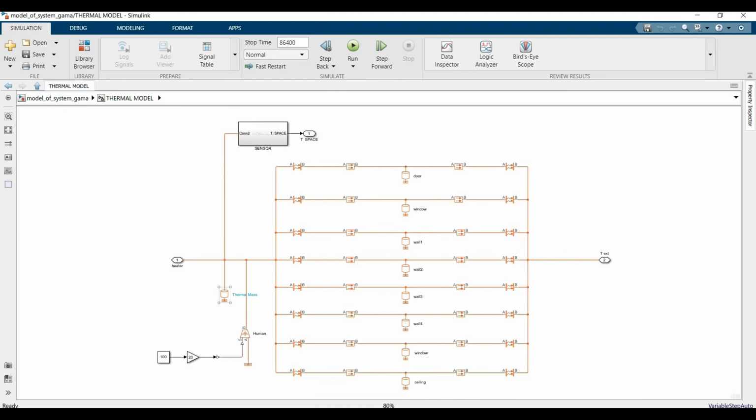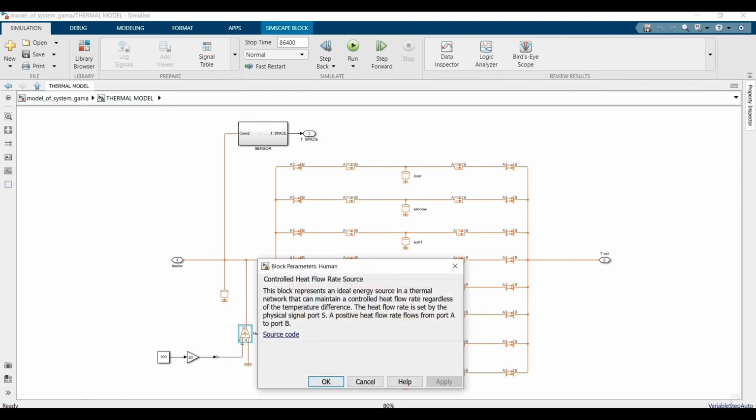That is the air thermal mass. This part is for the heat that is generated by humans. Each human produces 100 watts, and we consider that we have 20 people in this space. We can show.